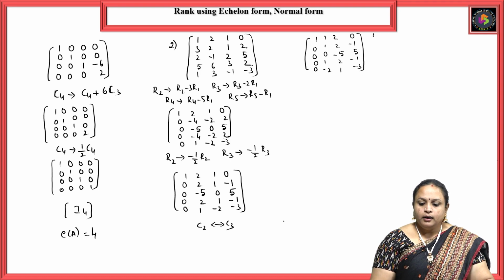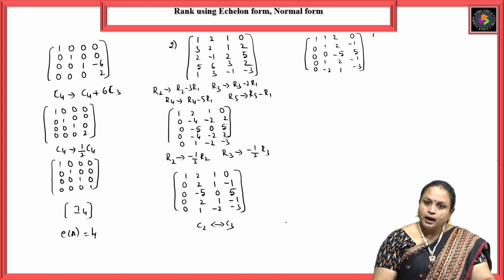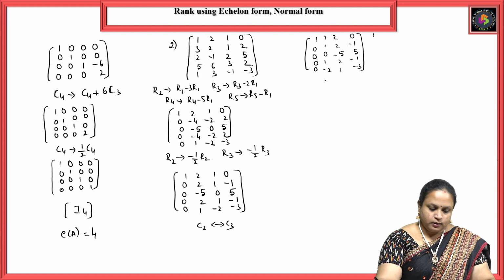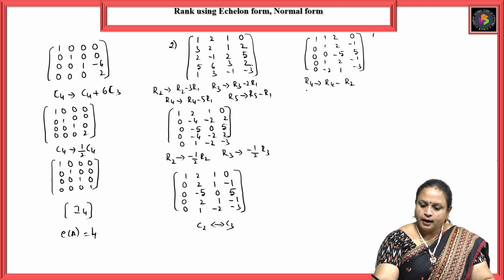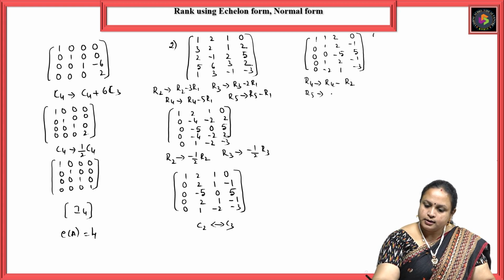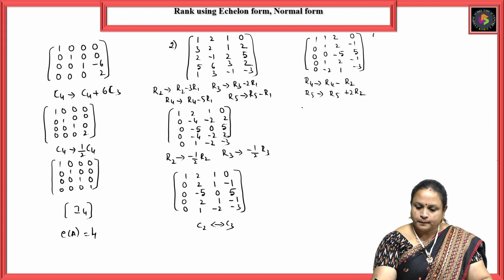Now let us make the other elements zero using this. R4 implies R4 minus R2 and R5 implies R5 plus 2 R2.